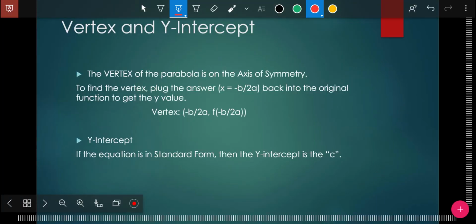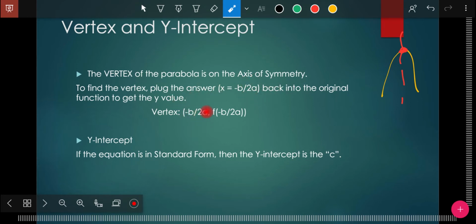The vertex and y-intercept are the next things you're going to find. If you have a U shape, the vertex is on the axis of symmetry. So you'd have an axis of symmetry splitting it up, and this point right here would be your vertex. And so you use the x from the axis of symmetry.